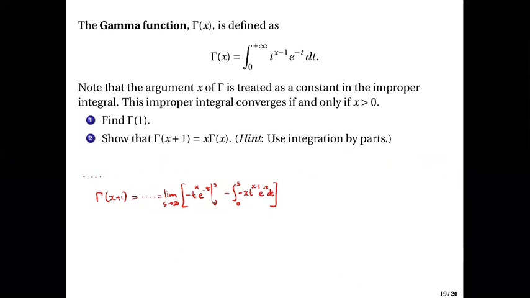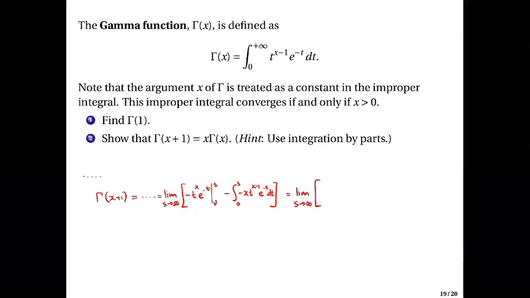This guy here, as s approaches infinity, after evaluating, it will go to 0. So let us just write first. We have limit as s approaches infinity.